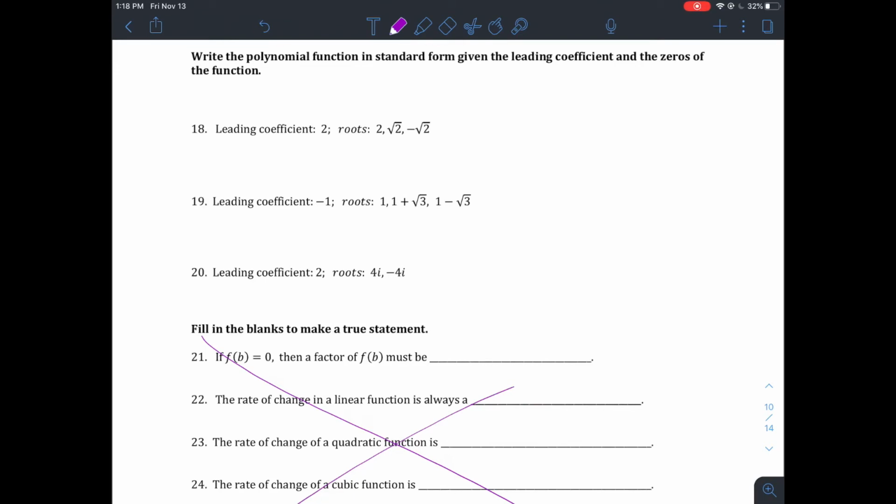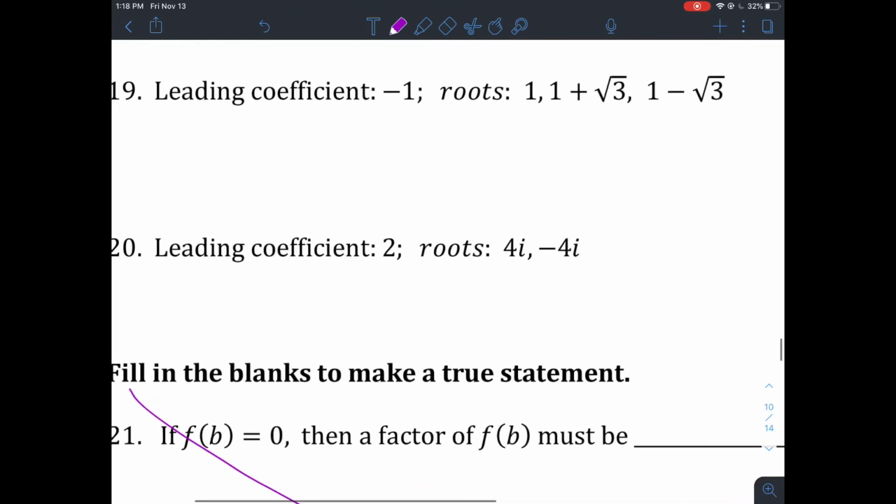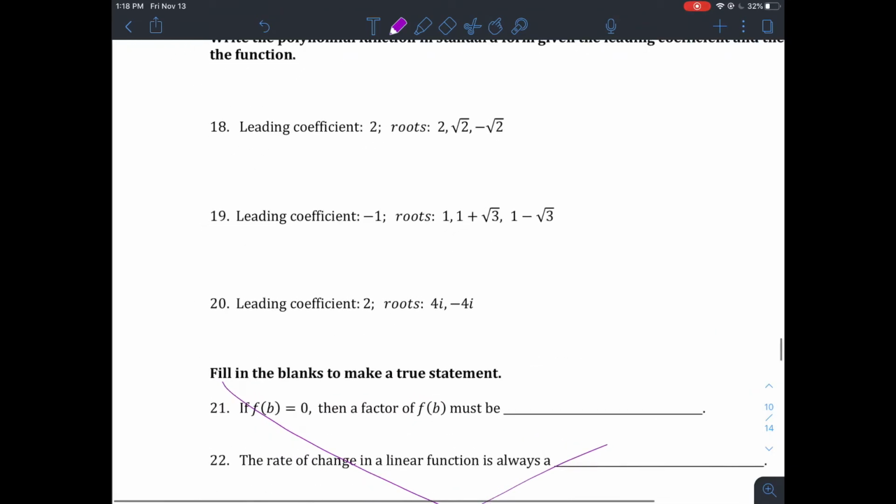All right, so for this one, it says write the polynomial function in standard form given the leading coefficients and the zeros of the function. So I figured number 19 was going to be a tricky one for you guys, so I wanted to help you out. So first off, they asked for standard form, but we need to write it in factored form first.